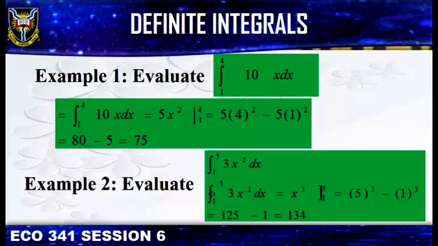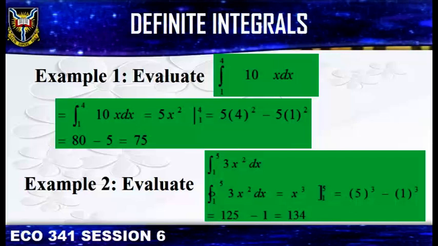Example 2. Evaluate the integral of 3x squared dx, upper limit 5, lower limit 1, which is equal to x cubed from 1 to 5, which is 5 raised to power 3 minus 1 raised to power 3, equal to 125 minus 1, which is equal to 124.